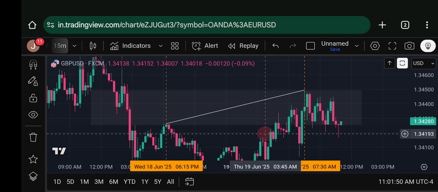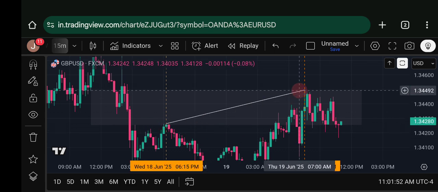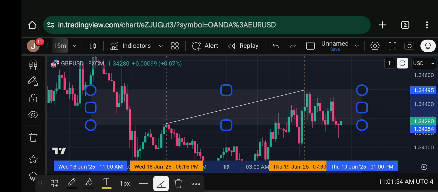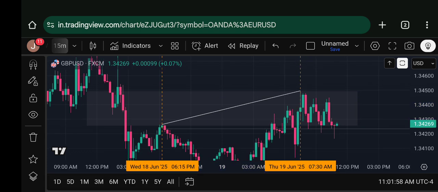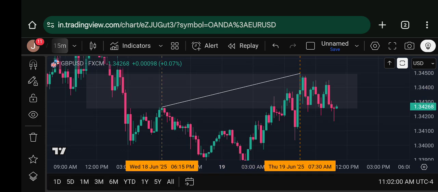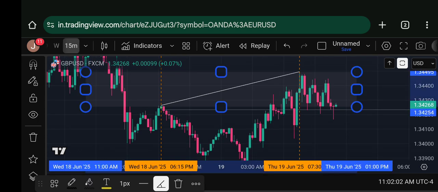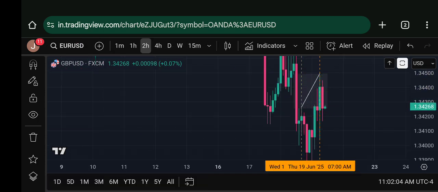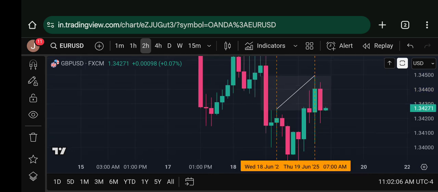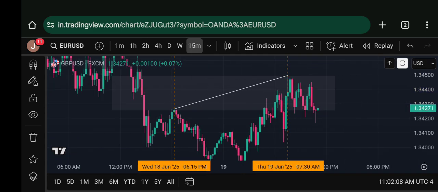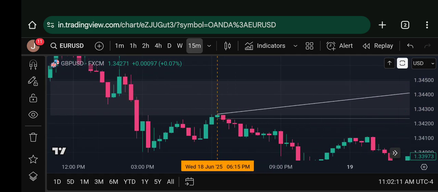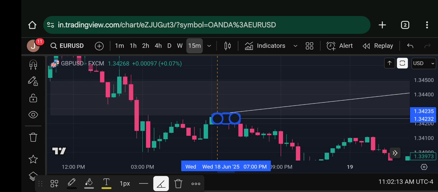Price made a liquidity sweep here on GBP and went into that 2 hour fair value gap, which is this. This is a buy side liquidity sweep where GBP went into this 2 hour fair value gap. It did not respect this fair value gap.